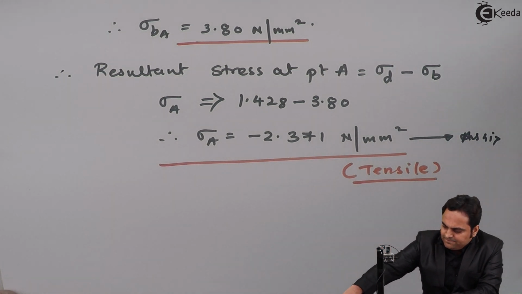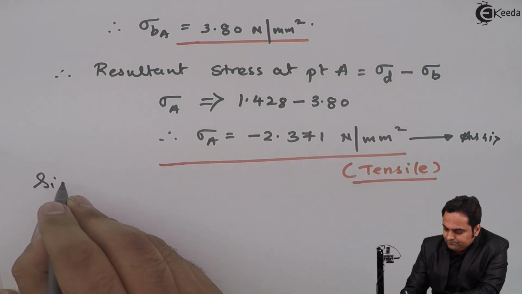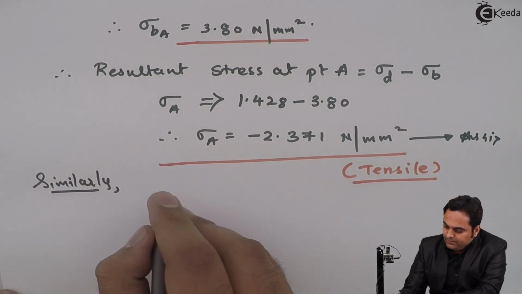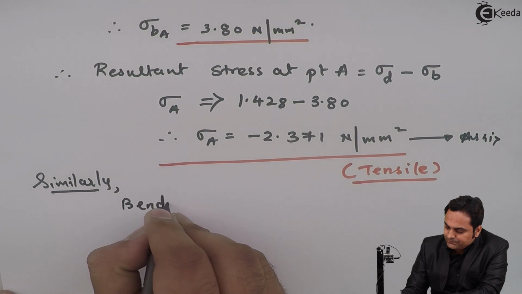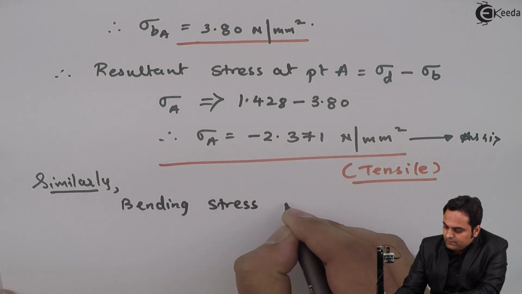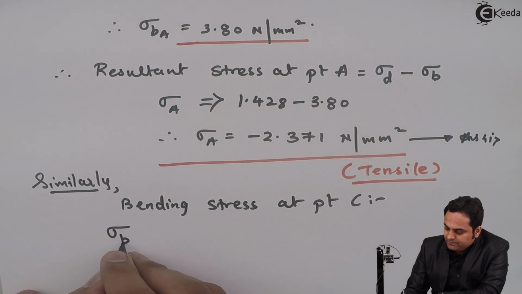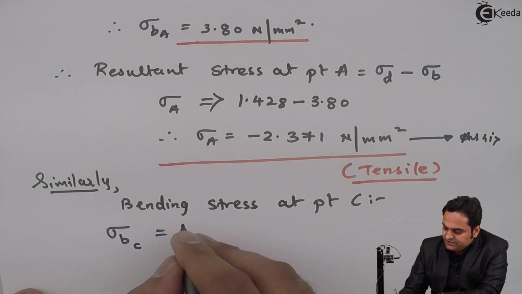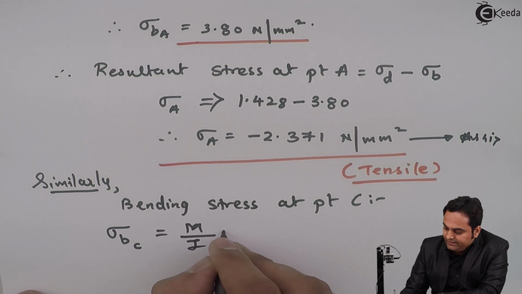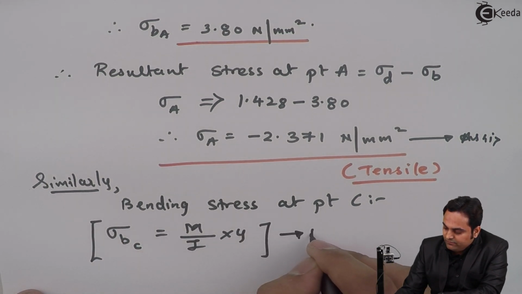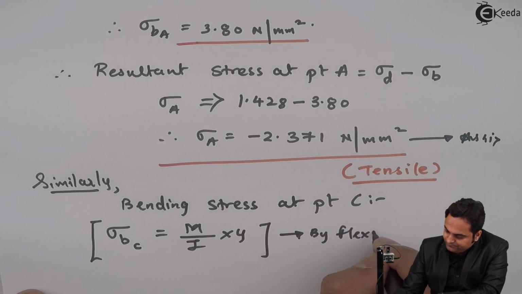After this, in a similar manner, the bending stress at point C, sigma B C, is equal to M upon I into y, again by the flexural formula.